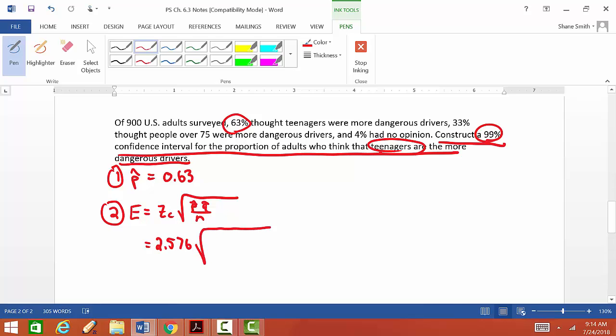2.576 times the square root of 0.63, well, times 1 minus 0.63, which you could just put 0.37 there if you wanted to, divided by 900.